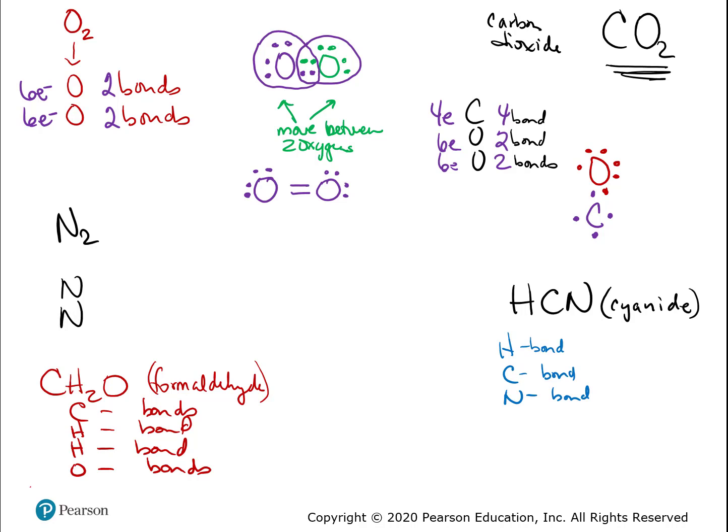Like how many dots don't have pairs? 3. Can you see that? There's 3 dots without pairs. But the red oxygen, how many dots does it have that don't have a match? Just a single electron. That's only got 1 single. So because of that, that's how I know I've got to put the oxygen on the carbon. Because the carbon needs the most bonds.